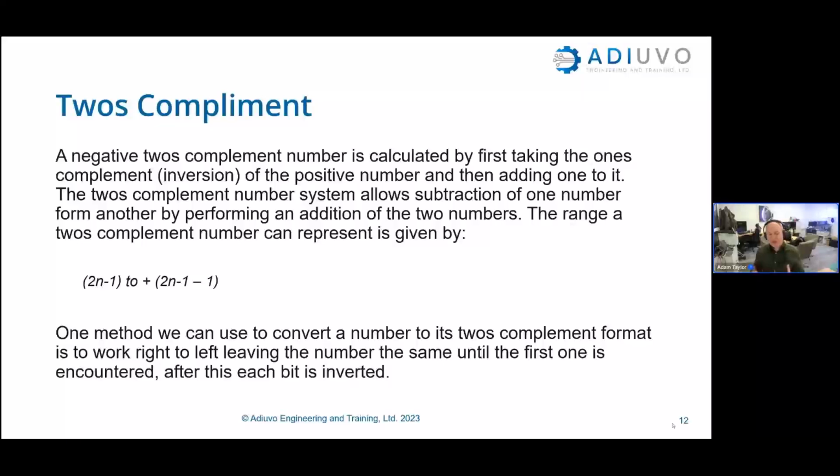But it's going to give us a range of numbers, where we can go from minus 2 to the n minus 1 to plus 2 to the n minus 1 minus 1. So it's going to give us a nice number range that we can flip between and represent.